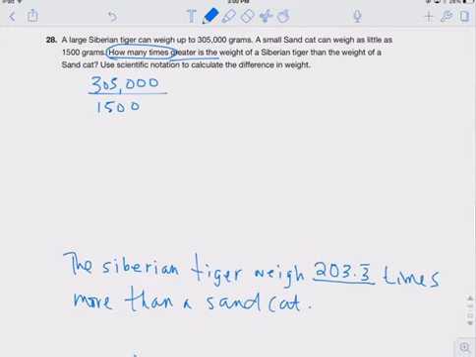Okay, because they asked how many times, the answer should be that. Okay, so now scientific notation.